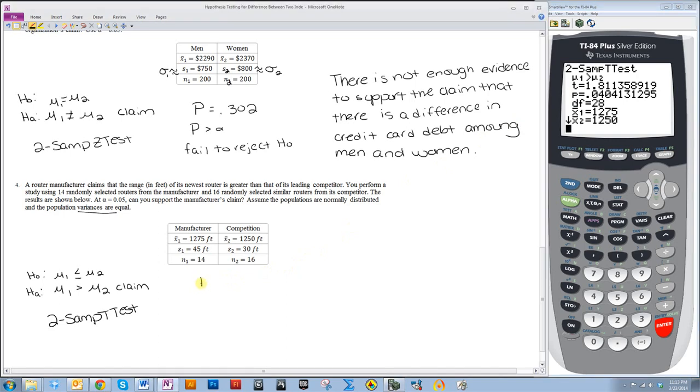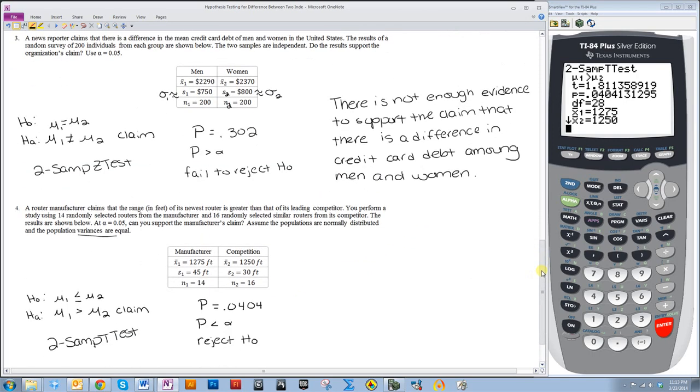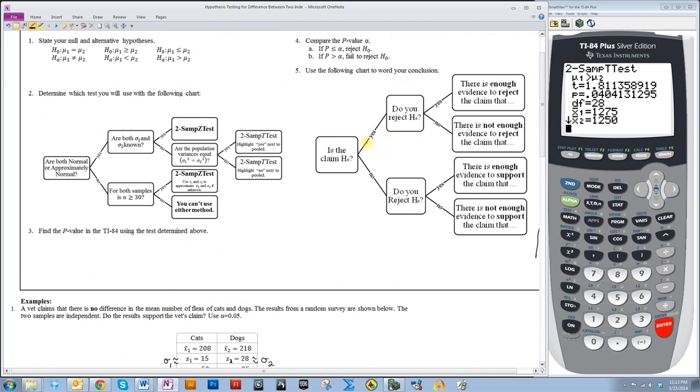P is equal to 0.0404. Alpha is 0.05, so P is less than alpha, so we reject HO. HA was our claim, we rejected HO. Is our claim HO? No. Do you reject HO? Yes. So there is enough evidence to support the claim.